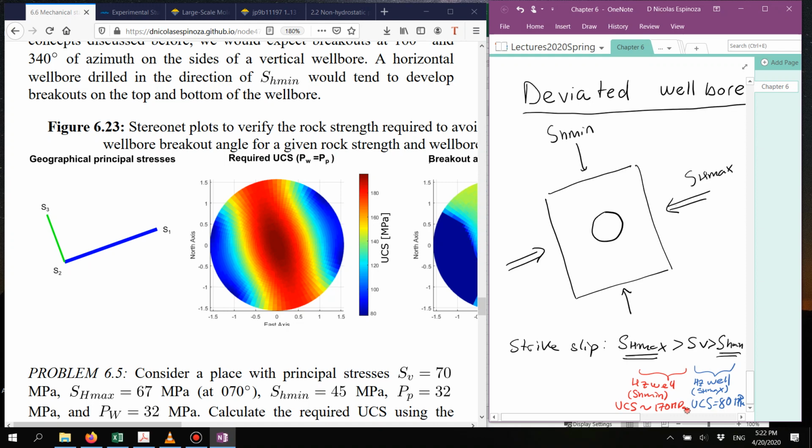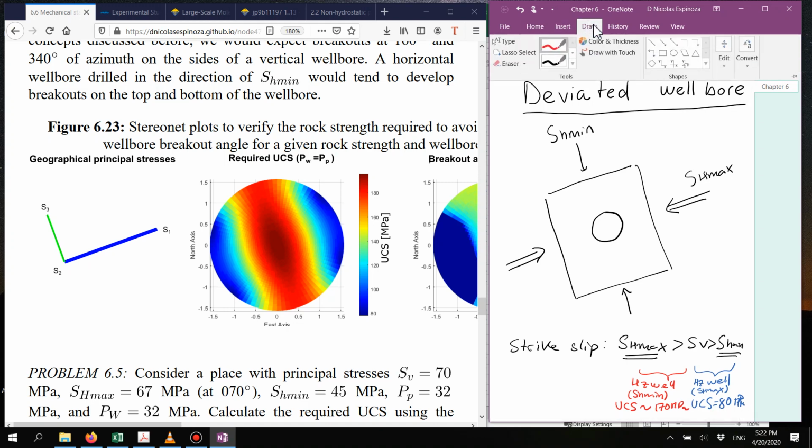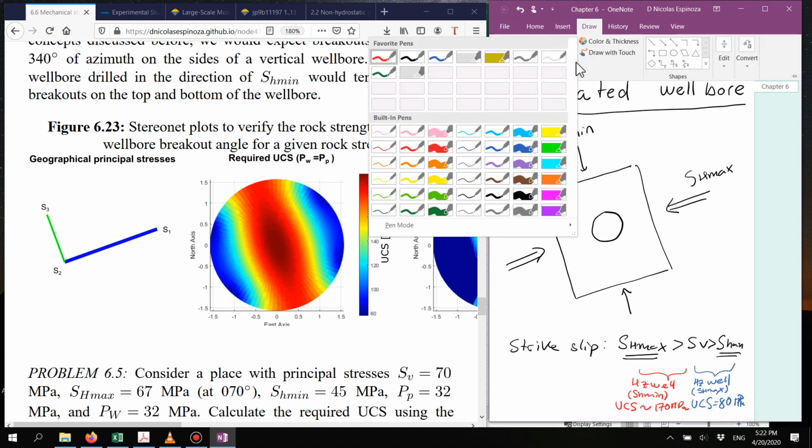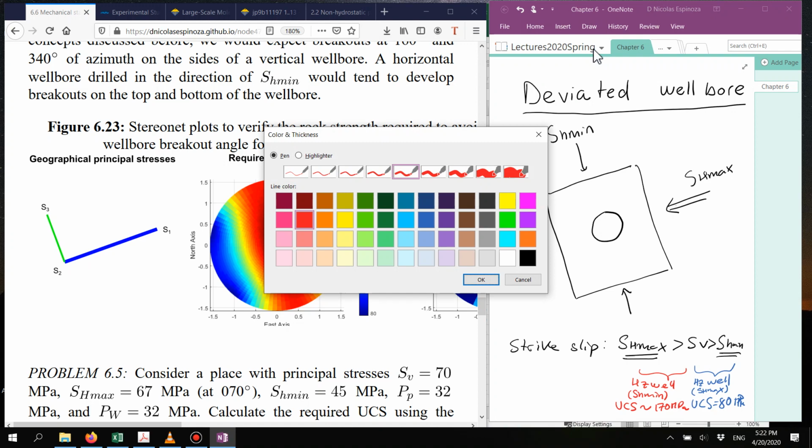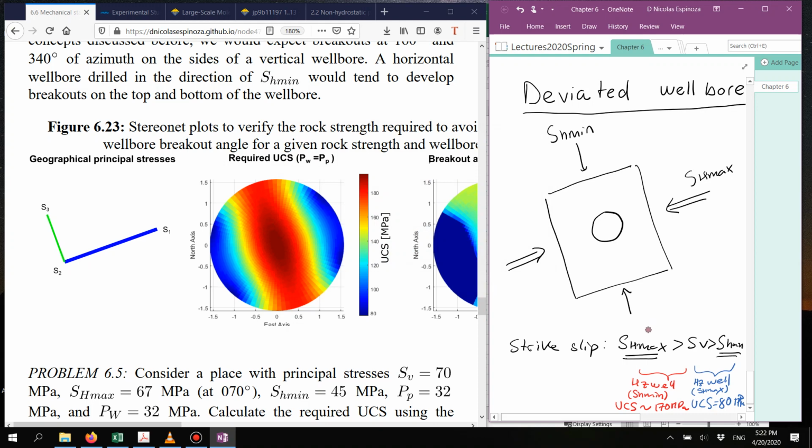And the vertical wellbore, let's finish this example. The vertical wellbore occupies the direction, let me do it with brown, between these two, SH max and SH min.